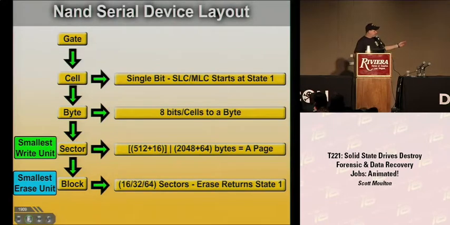It's going to be 16, 32, or 64 times the size of a page. Typically the answer is 64. So most of the time it's 64 times 2048, which means you have 128K that has to be erased every time a block is released. So if you have to erase something, it's 128K.